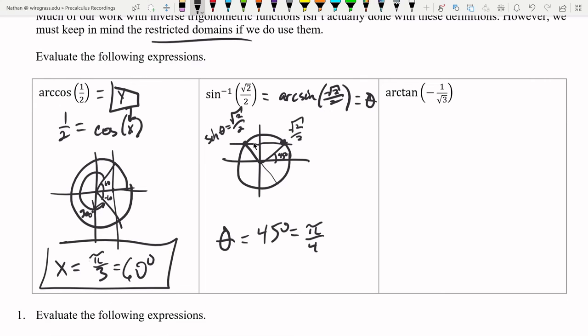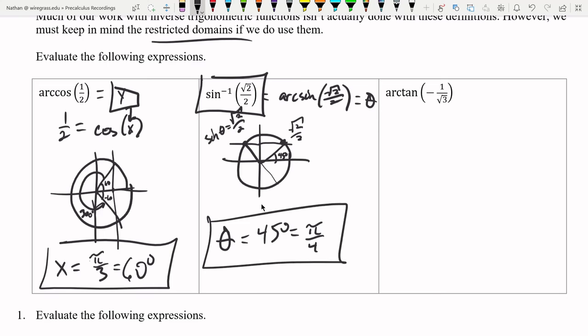This is of course at 3 pi over 4, or 135 degrees. The issue is that we didn't have sine of theta equals root 2 over 2. We had sine inverse of root 2 over 2. And that's the difference. That's why we get this one solution.